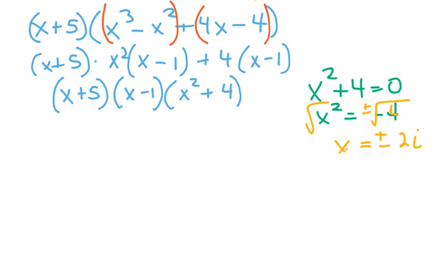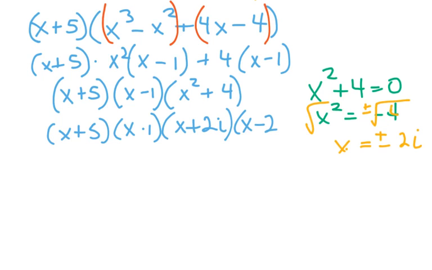Hopefully you remember that from the last chapter. So I end up with my factors of x plus 5, x minus 1, x plus 2i, and x minus 2i. We know that that's a conjugate pair.